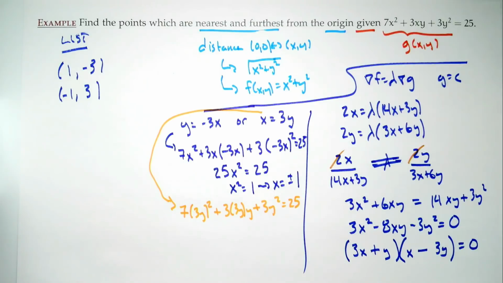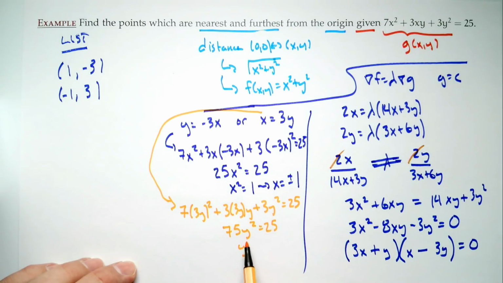Now we start going through and seeing what we have. We have 7 times 9, which is 63. Then we have another 9. What are we up to? 72. Plus 3 more. 75. So 75y squared equals 25.